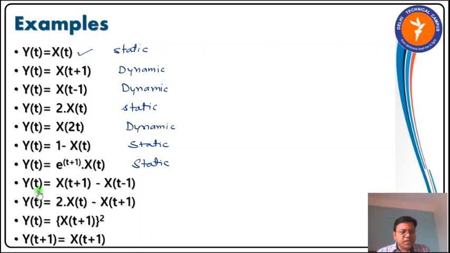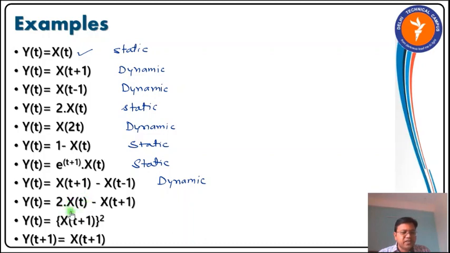Similarly, in this we can see the output is dependent on the time delayed, time advanced, and time delayed inputs, so the system will obviously be dynamic. In here the system is dependent on x(t), which is not scaled, not shifted.